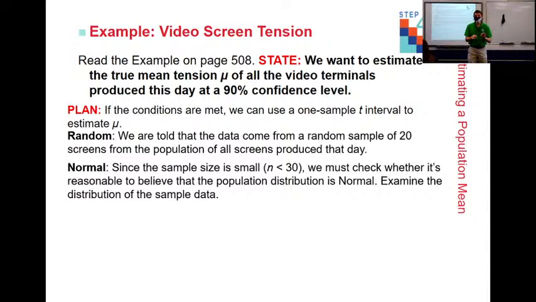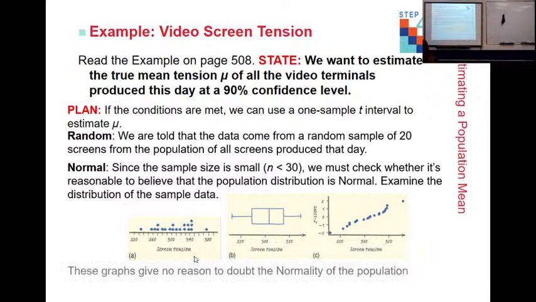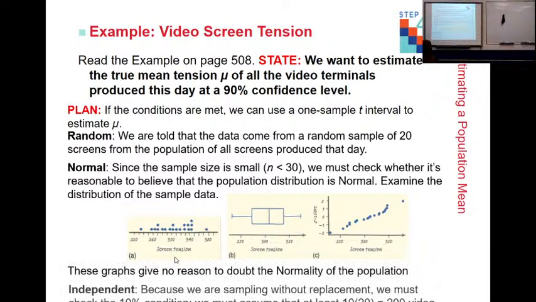If we have a sample size less than 30, we need to check that a normal distribution seems about right. So we need to actually rely on the actual distribution of the sample. And we can get all of these different tables out of the calculator. And then 10% condition. There are at least 200 different terminals.